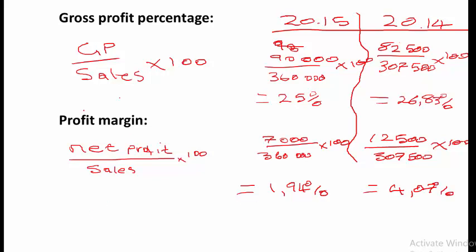Remember, you can state reasons here. It's a deterioration. So the gross profit margin, the GP margin, deteriorated or reduced.